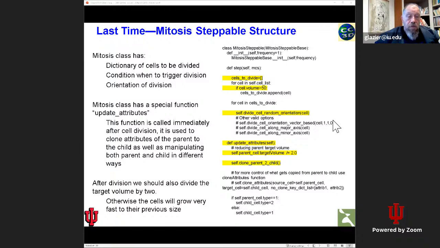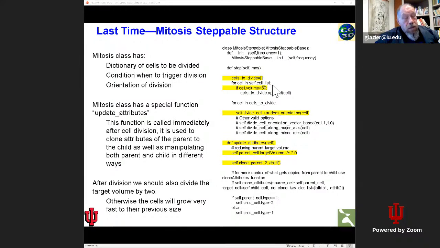The reason you don't want to do that is that when you divide a cell, you change the list of cells. And one strict do not in Python is that you are not supposed to change the membership of a list while it's being iterated over.